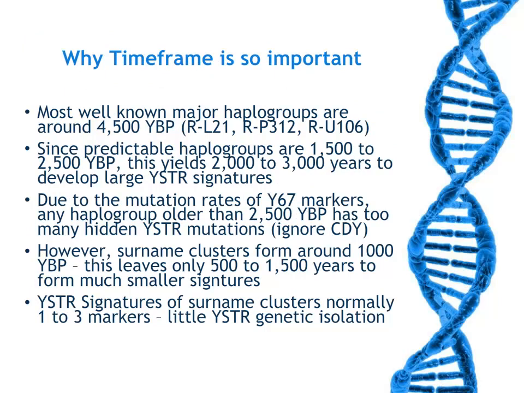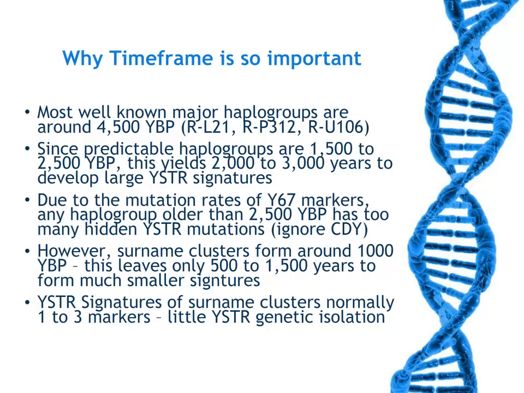So why is the time frame important? First of all, you have to understand that you use the modal values for some very old haplogroups that are very broad. These are around the 4,500 years ago time frame, such as R-L21, P312, and U106.